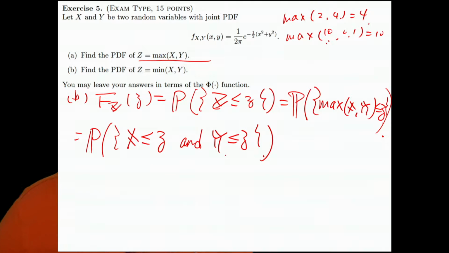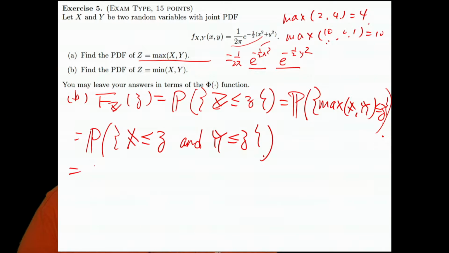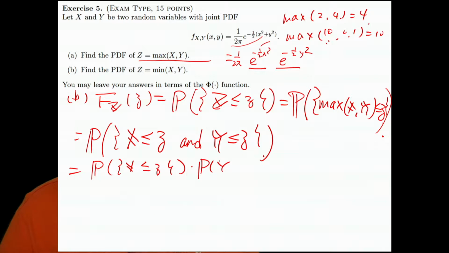They are also independent. Why? Because you can see that they can separate. This is a function of X and Y, and there are no correlated terms. So this is the probability of X less than z times the probability of Y less than z.